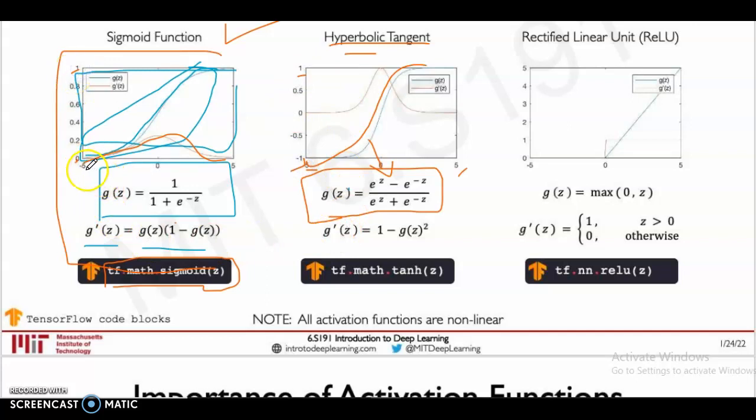In the numerator we subtract, in the denominator we add.